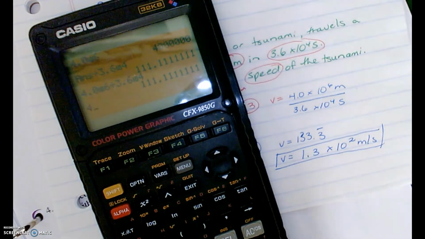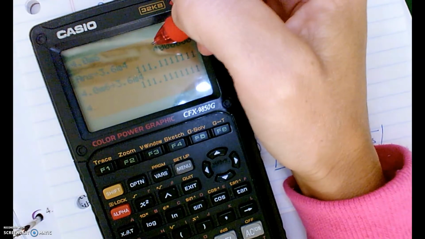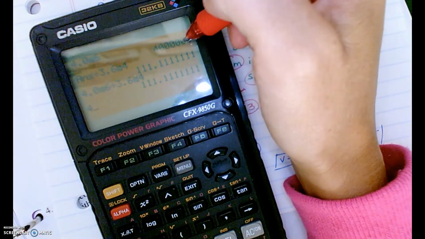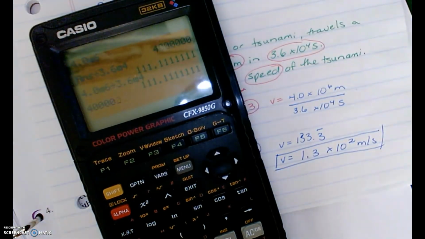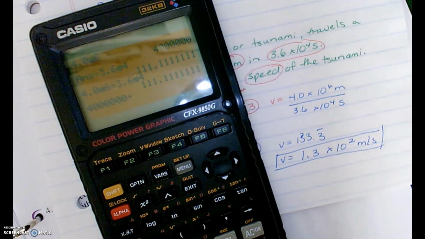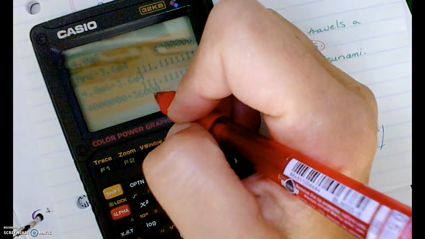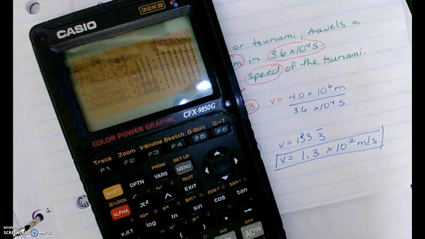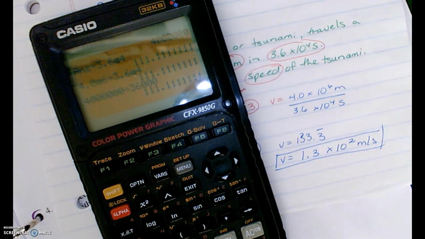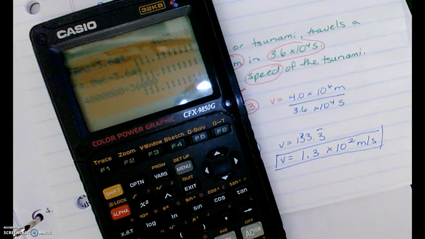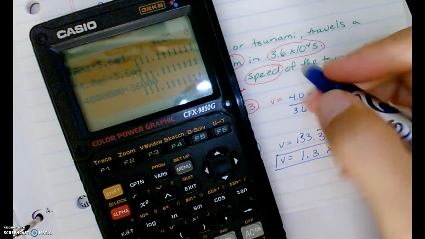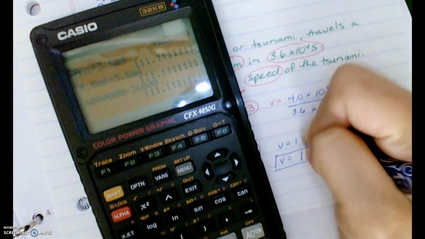If you want to do it the old-fashioned way, go ahead: 1, 2, 3, 4, 5, 6, divided by 3.6, and we moved it over 4 times: 1, 2, 3, 4. We should end up with the same number, and we do. Like I said, I must have pushed the wrong number when I was doing this originally. Let's fix it.